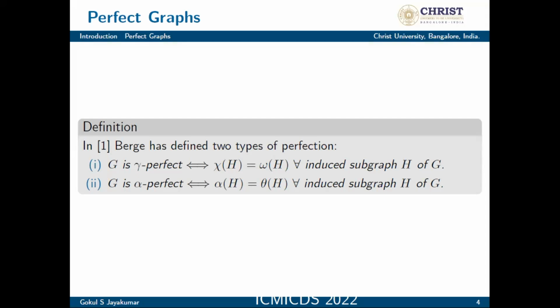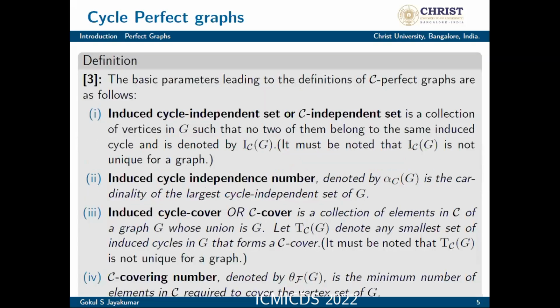For alpha perfection, a graph G is alpha perfect if the independence number is equal to the covering number for all induced subgraphs of G. The independence number is the number of vertices in a graph such that no two of them belong to the same clique, and the covering number is the minimum number of cliques required to cover the vertex set of G. So here we are replacing cliques with induced cycles, and we get cycle perfect graphs.